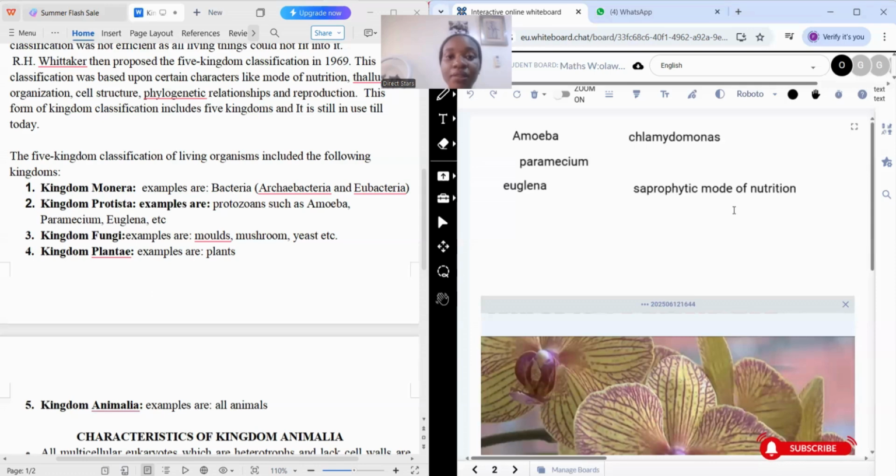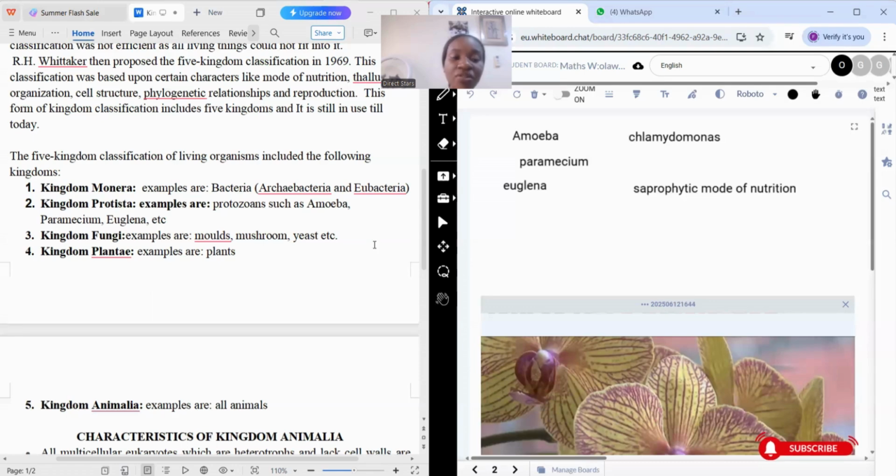They simply secrete an enzyme that digests their food extracellularly, that is outside of their body. Then after this food is digested by the enzymes, their body absorbs this food and uses it for growth and other life processes. So this is what we mean when we talk about saprophytic mode of nutrition or the saprophytes.